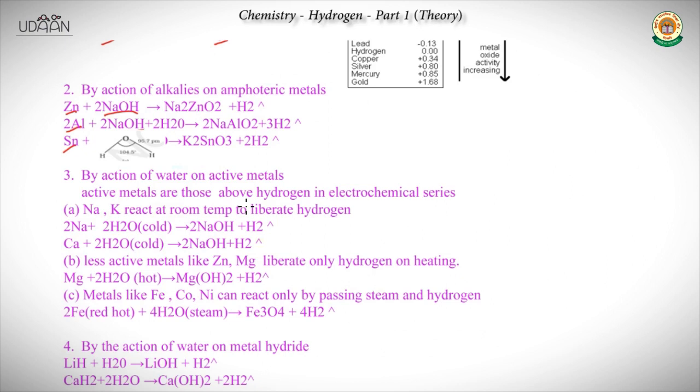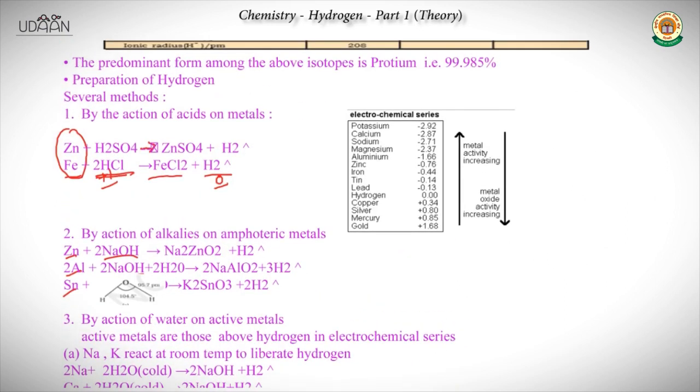The third one is by action of water on active metals. Active metals are those which are above hydrogen in the electrochemical series. These are active metals.